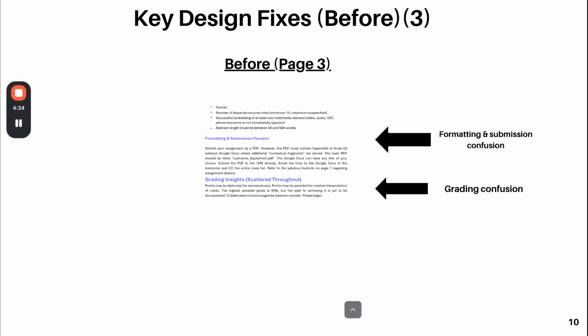And on page 3, formatting instructions were unclear and submission expectations were inconsistent. All of these contribute to cognitive overload and student confusion.